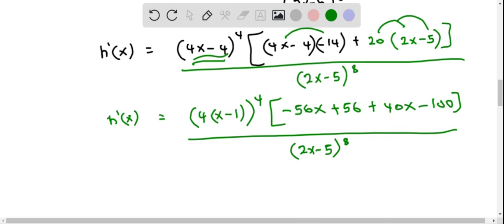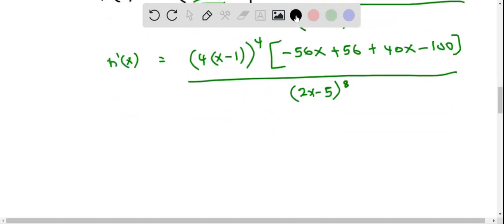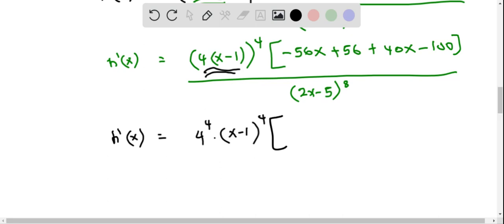Let's continue. So here we have h prime of x, and so this equals, in fact, we can now apply the exponent laws to expand this. So here this will be 4^4 times (x - 1)^4. Now let's simplify the terms inside the bracket.